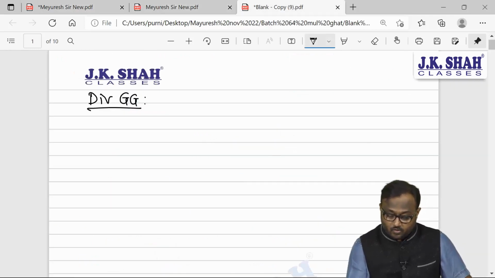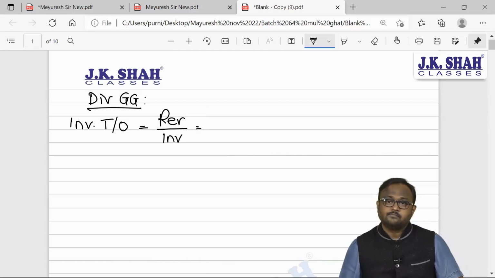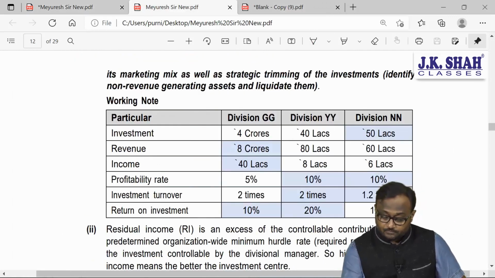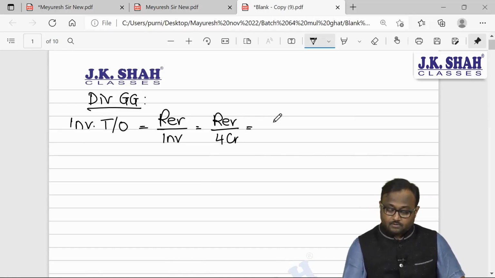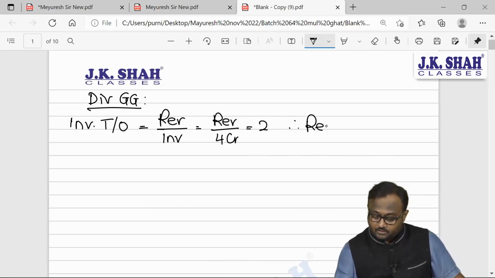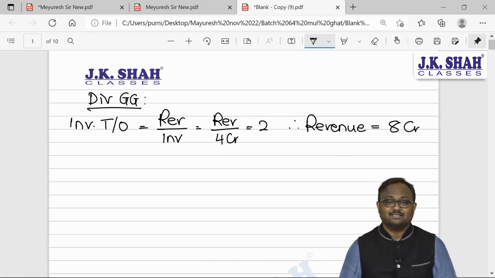Investment turnover is revenue upon investment. Investment is 4 crores, revenue we don't know, but it is 2 times. That means my revenue is 8 crores.